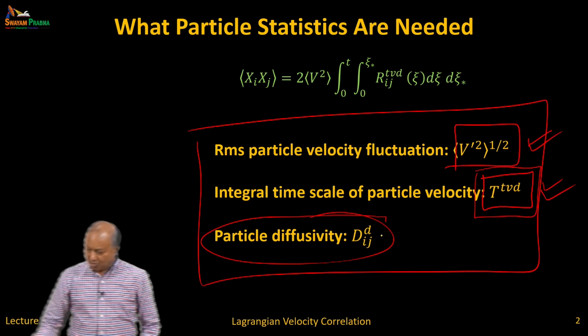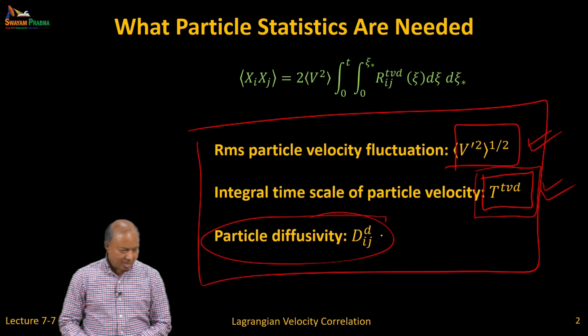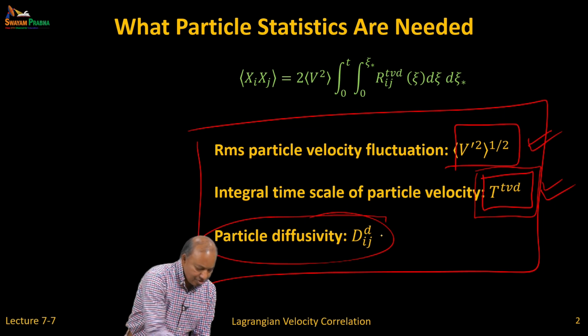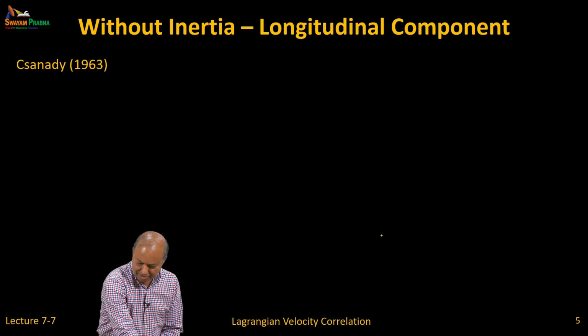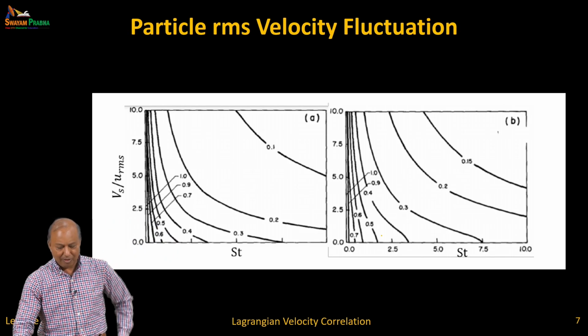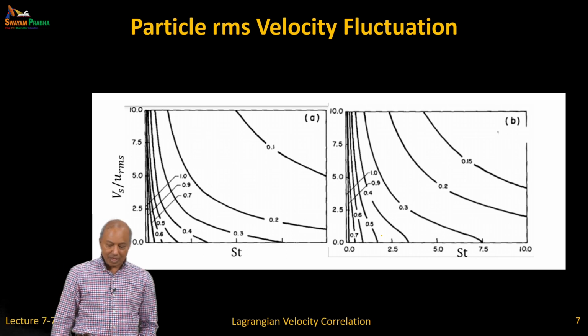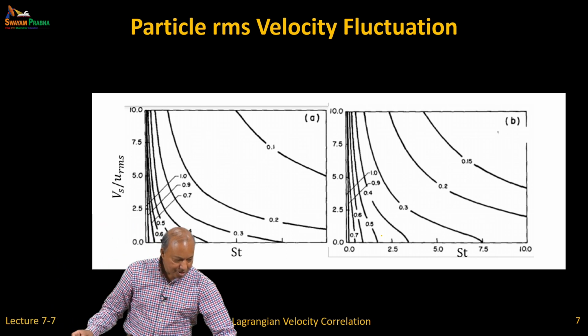I wanted to show some results, but before that, maybe I will just go straight to the result. I'll skip some details here. Okay, so here it is. People have done this calculation.